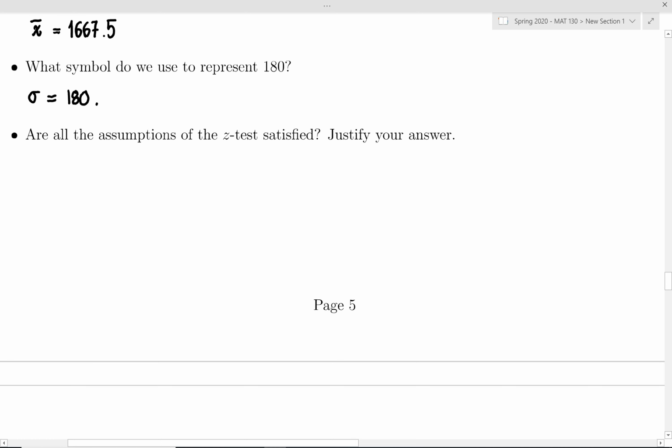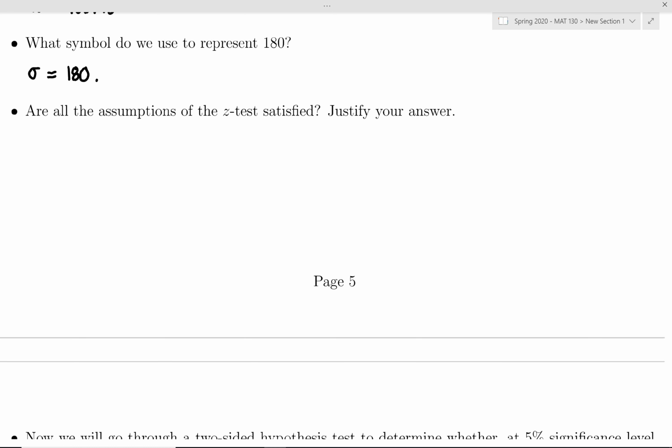Before we proceed with the z-test, we need to make sure that the assumptions are satisfied. The first assumption is that the sample is random. The second assumption is that the price of bridal dresses is normally distributed, and that was given to us.